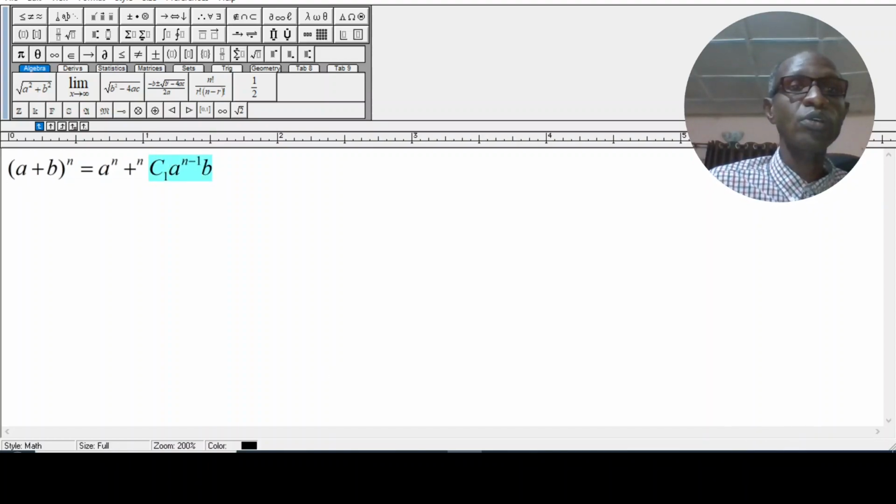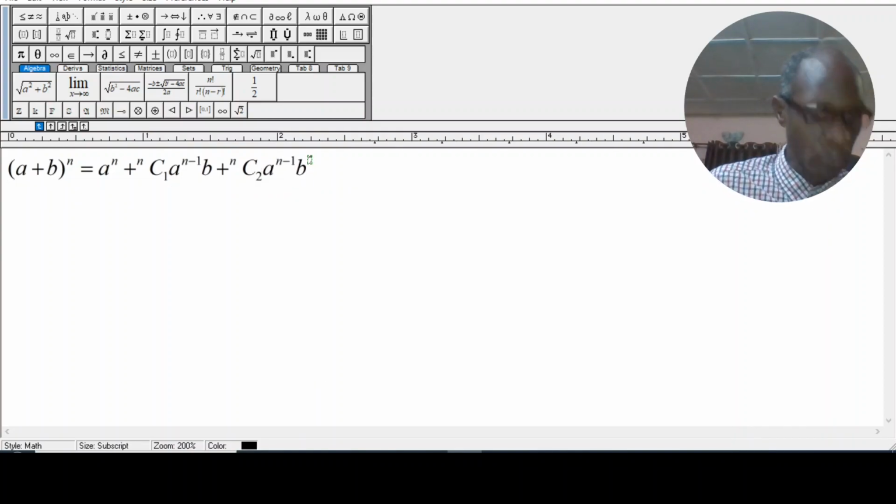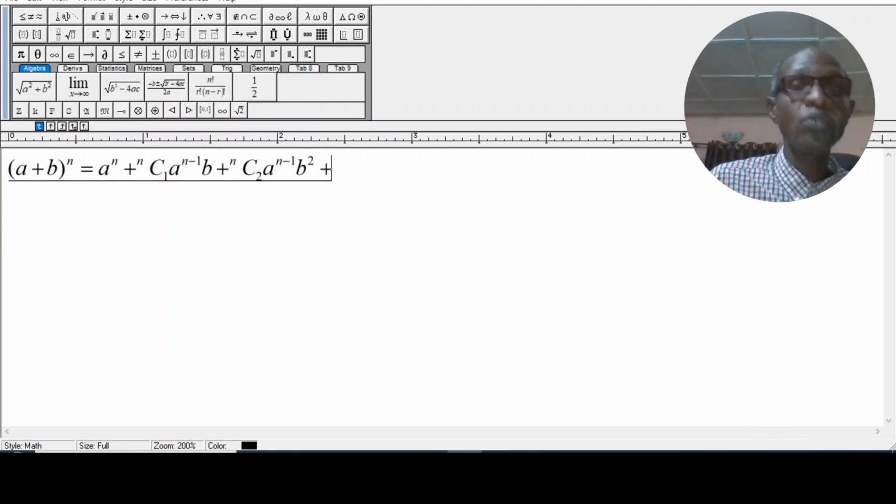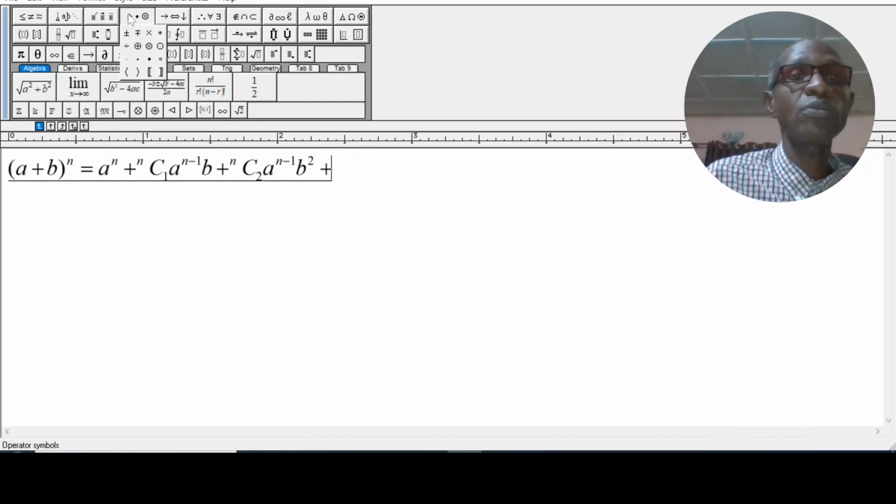So let me copy this so that I'll be using it. Then the next term will be n combination 2. So we have something of this nature now. We can put some ellipses here.